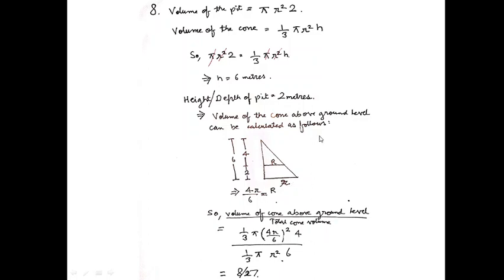Note that this capital R and small r are the same, okay, because the base is the same. So now similar triangles will give 4 by capital R equals 6 by small r.